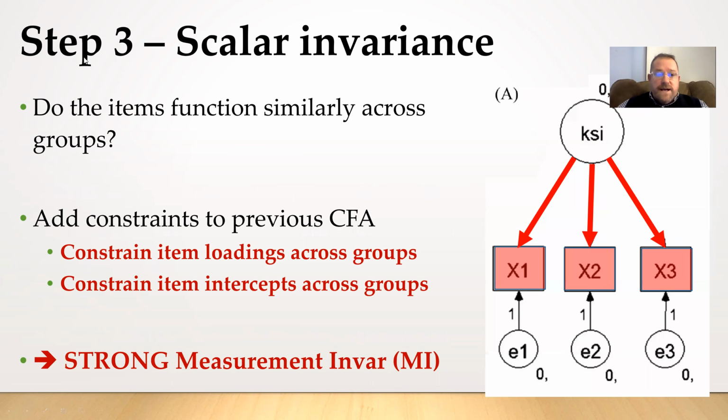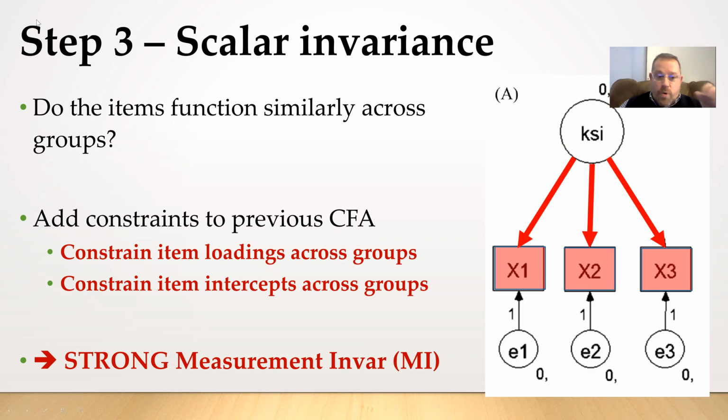Okay, the next step, step 3, is scalar invariance. We're only on step 3, but when Vandenberg and Lance looked at 67 studies that had included measurement invariance analyses in their papers, only 22% of them did this step 3, scalar invariance.